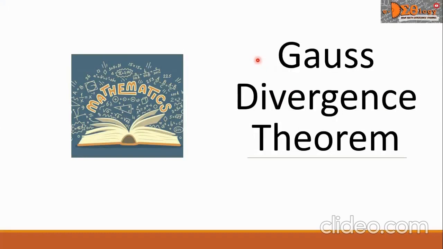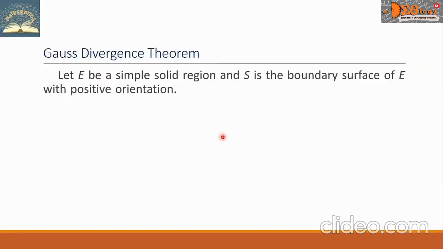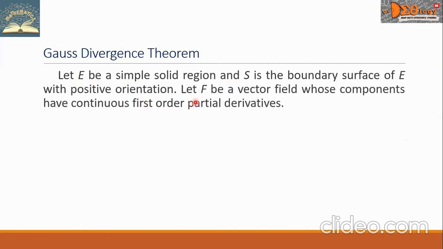Today, we're going to study Gauss divergence theorem. Let E be a simple solid region, and S is the boundary surface of E with positive orientation. Let F be a vector field whose components have continuous first-order partial derivatives.